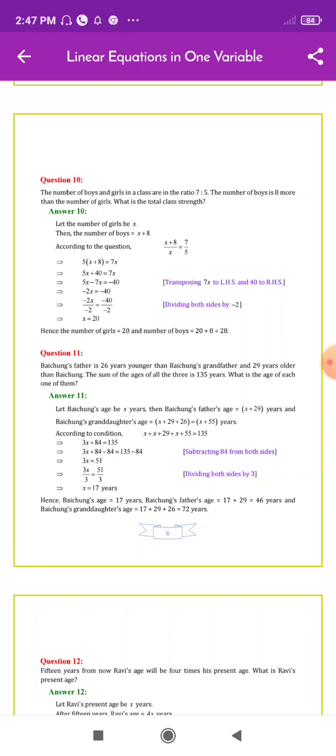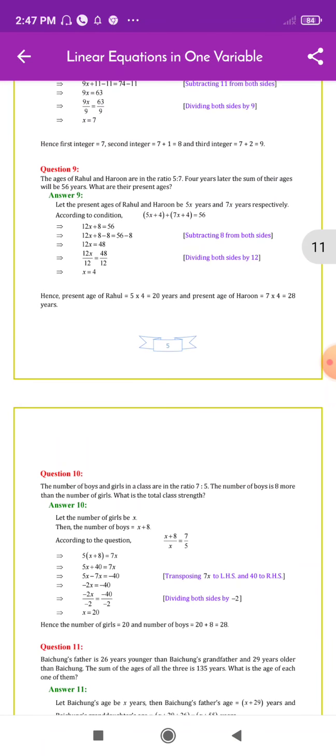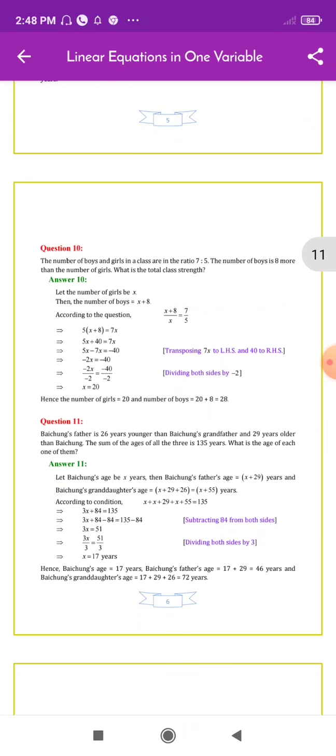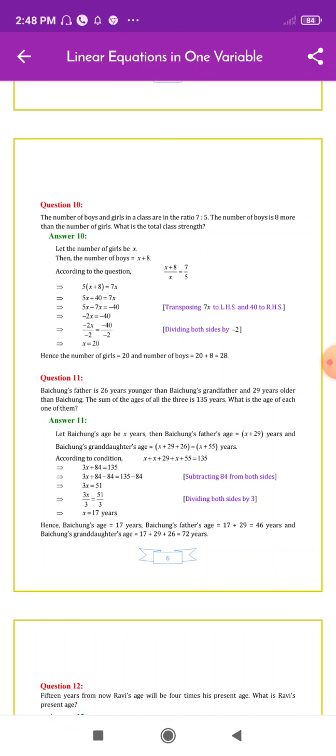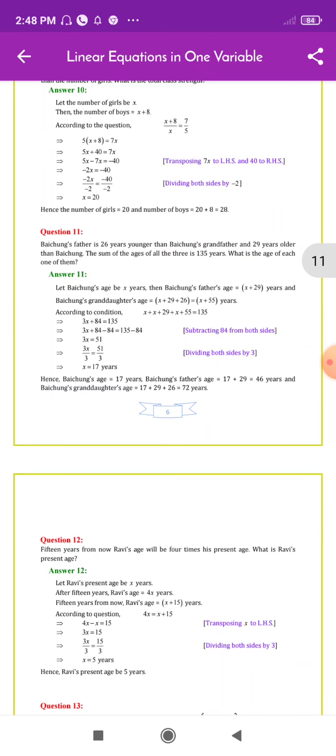Question number 10 and this question number 9 are almost the same. Do it on your own. Okay students, now go to question number 11. Questions 11 and 12 are both the same, so I will explain only question number 11, and question number 12 will be your homework.